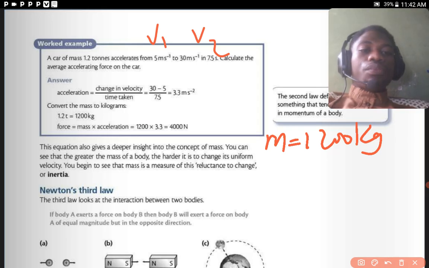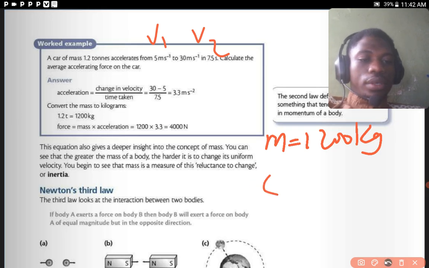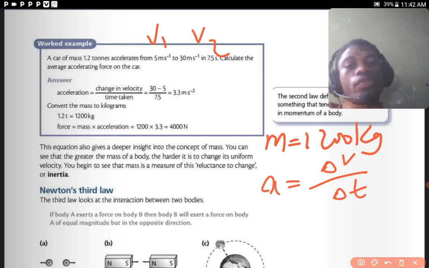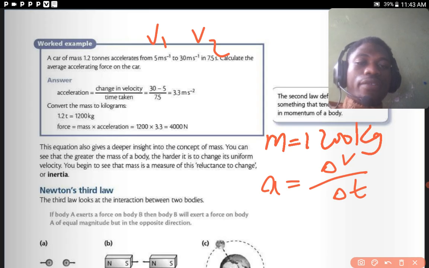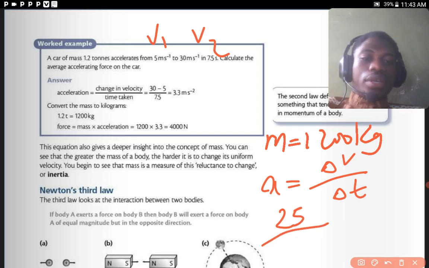So now you know that acceleration is delta v over delta t. So it is v2 minus v1 over t2 minus t1. v2 is 30 and v1 is 5, so 30 minus 5 is 25, over a time of 7.5 seconds.